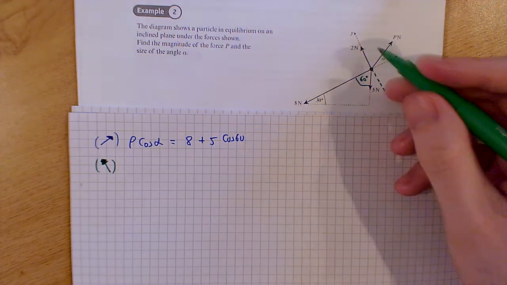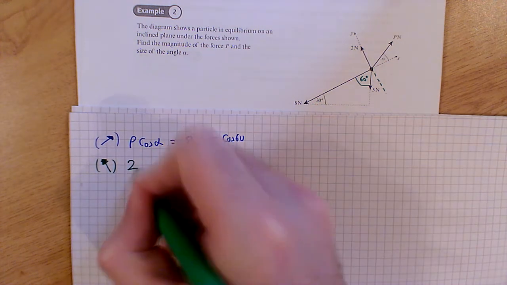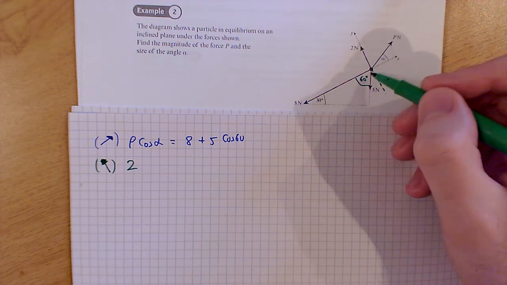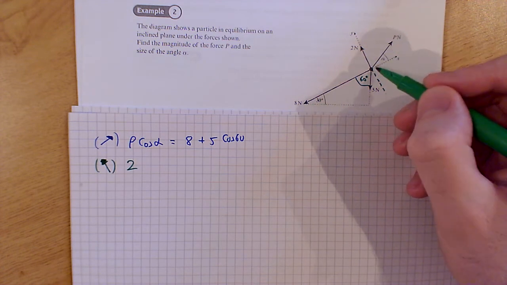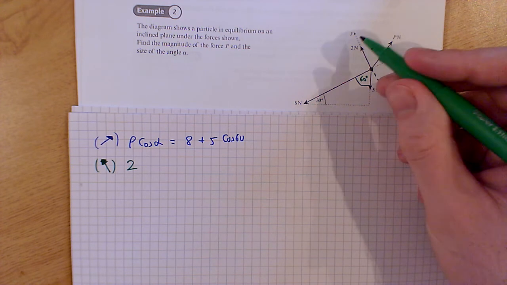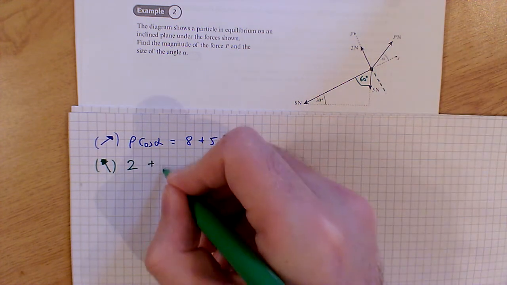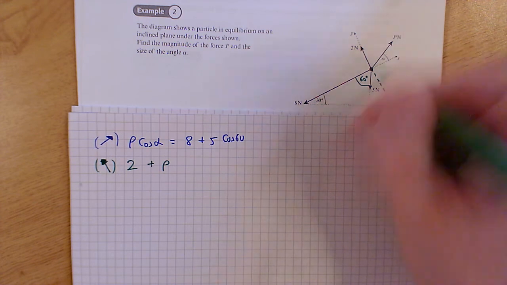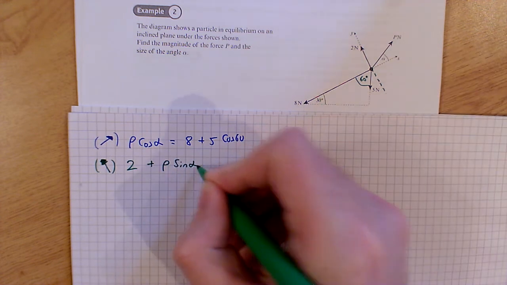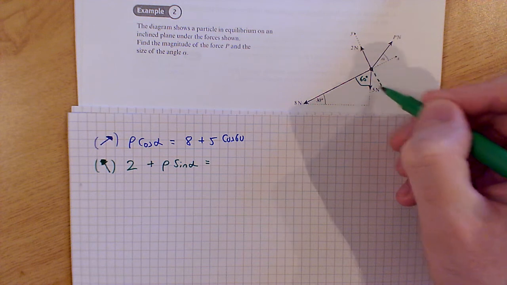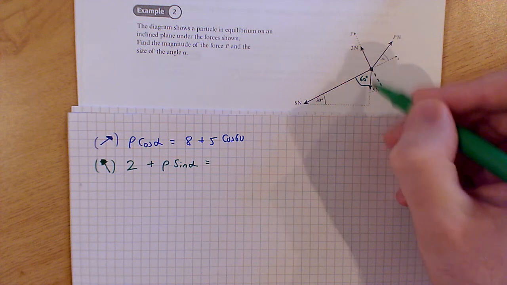So, perpendicular, we can see straight away the 2 is pulling it up, but we can also see that this diagonal force of P is also going to affect it in the upwards direction perpendicular to the plane, right? It's pulling it off the plane, isn't it, as well as up the plane. So this is P, and this time we're in away from the alpha, so it's P sine alpha, and then pulling it down, the only angle we've got here is this 5 newtons.